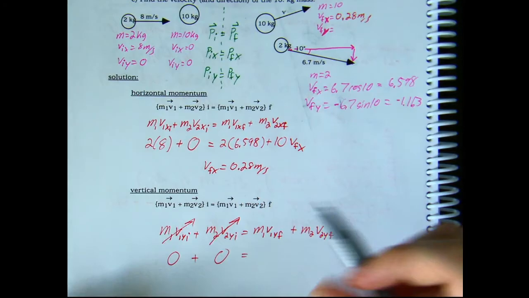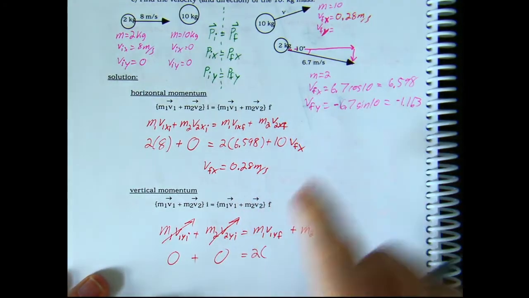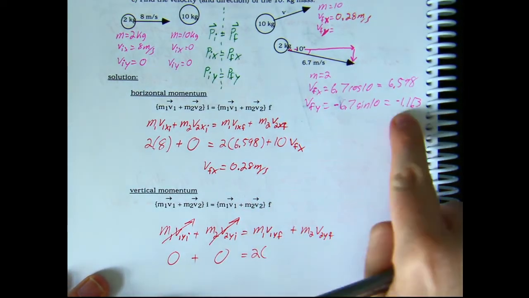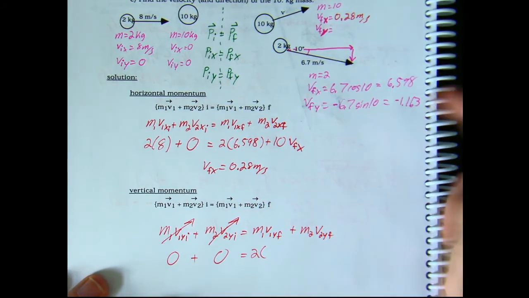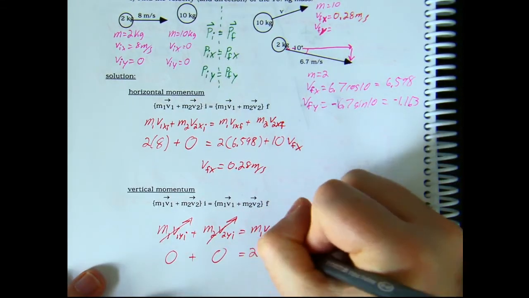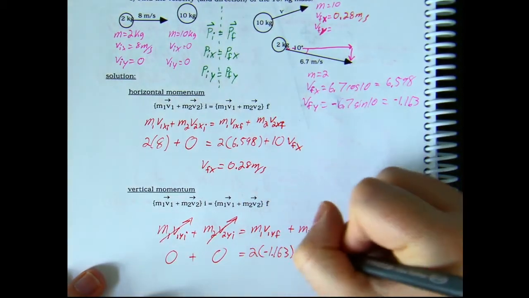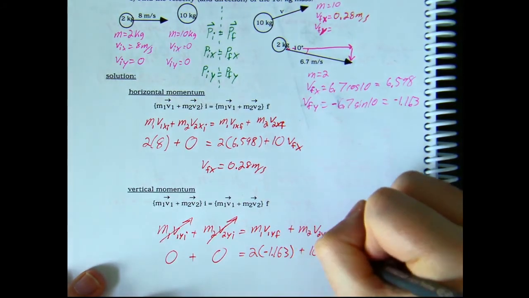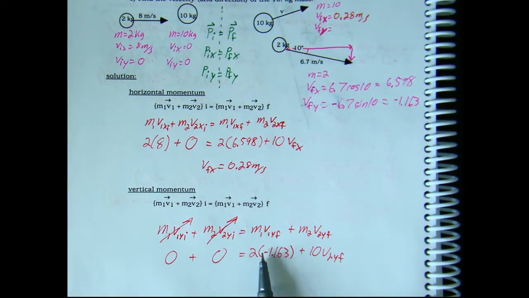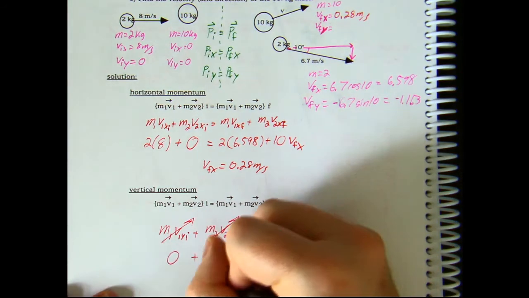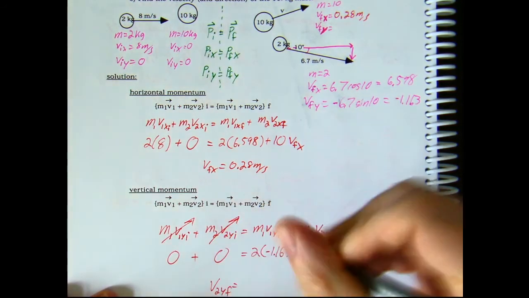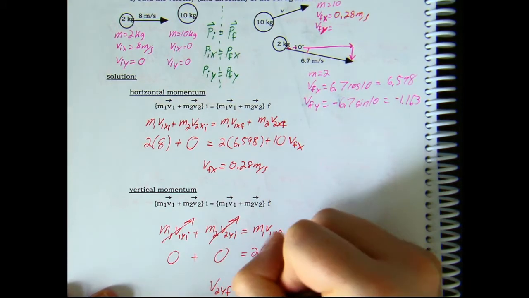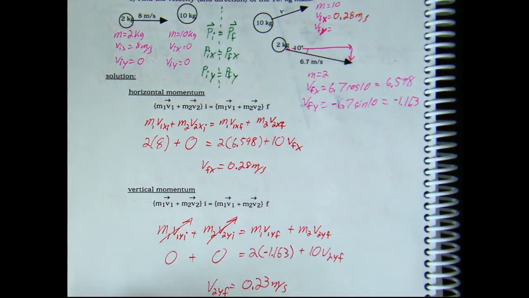This guy down here is going to be 2 times, and he had a final y component of negative 1.163, plus 10 times v2y final. So we multiply these together. We're going to add it over because it's negative here. We're going to divide by 10, and we're going to get a v2y final of 0.23 meters per second.